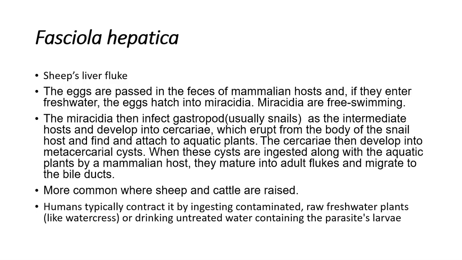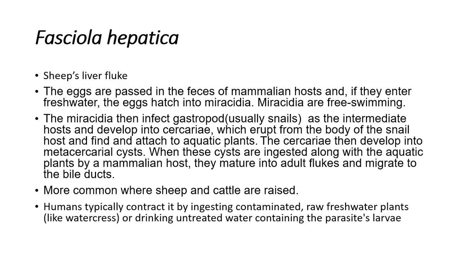And then these guys break open and they form their little cysts, and they infect snails or something like that, and the snails get ingested along with the plants that the cattle or the sheep are eating, and then they come into the human and they migrate from your intestinal tract to your liver. Long trip, but yeah.